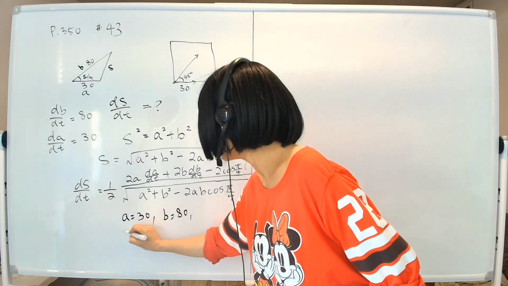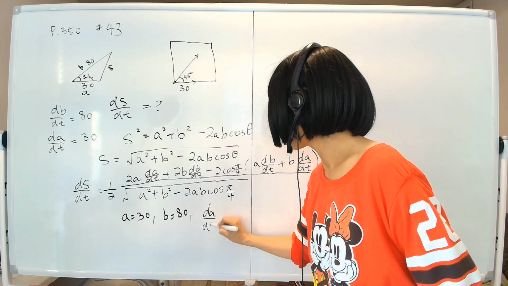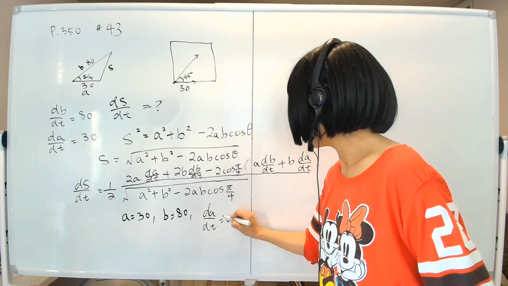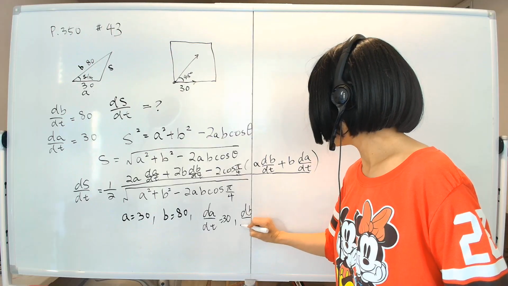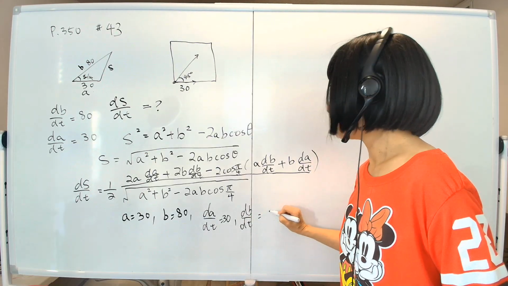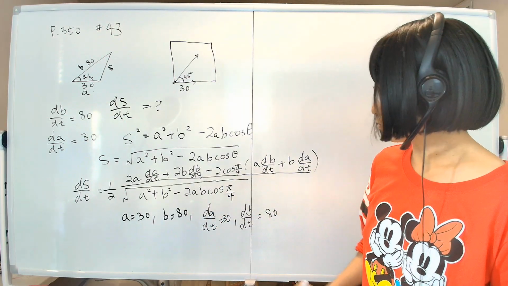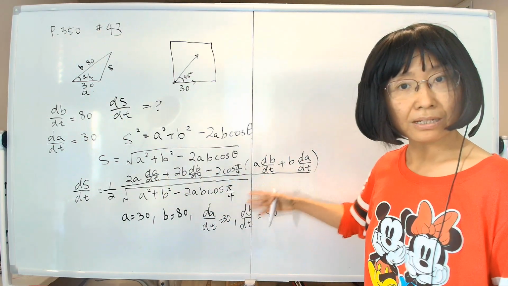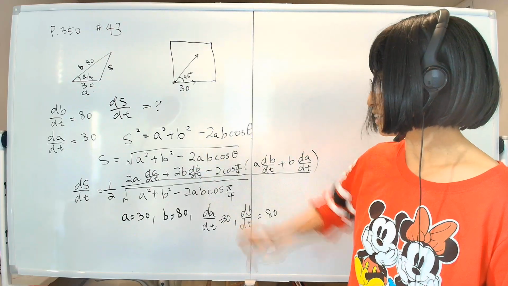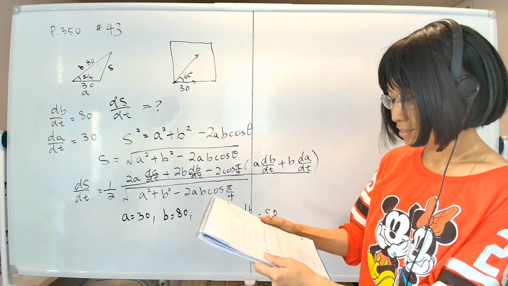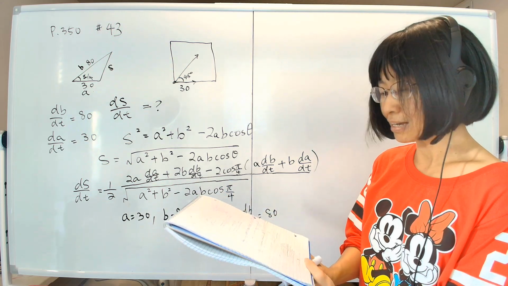That's also 30, and then dB by dt equals to 80, as we have had earlier. And then this is just cosine pi over 4. In other words, all variables in here are accounted for. You just need to plug it all in and crank out the numbers like I did, and then you will come up with some kind of answer.